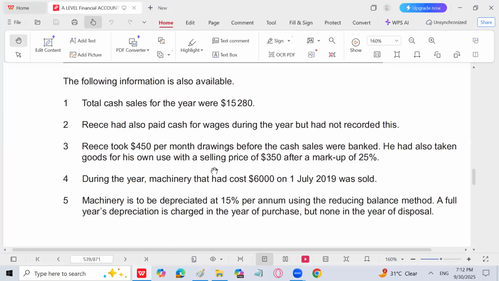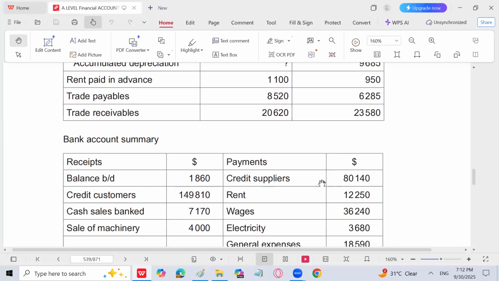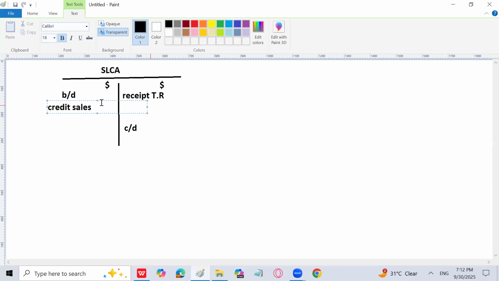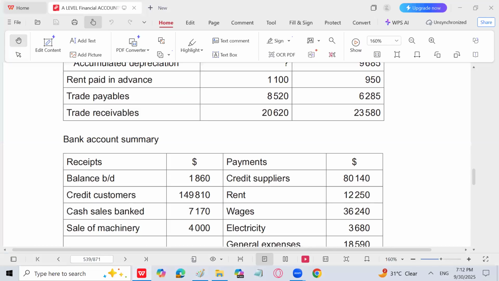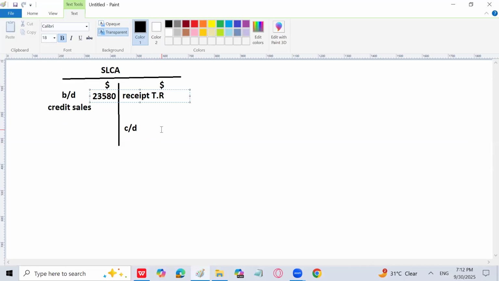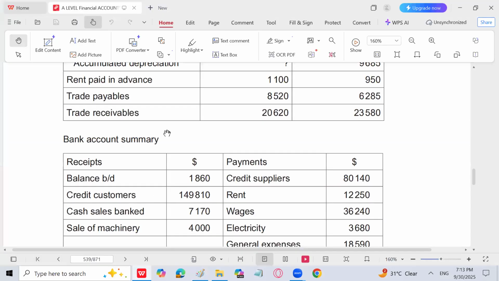Let's see. Trade receivables opening is 23580, closing is 20620. So let me write 23580. Closing is 20620. Receipt from trade receivable, the amount which we have received from credit customers, is 149810.